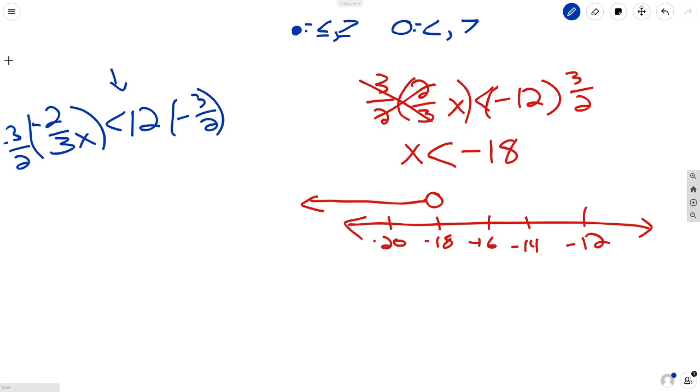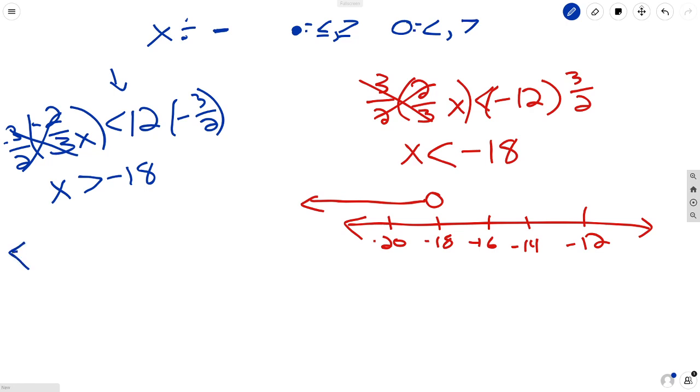So these are going to cancel. x is going to be x. But whenever you multiply or divide by a negative number, you flip the sign. So instead of x is less than, x is going to be greater than negative 18. Alright? We flipped the sign because we multiplied or divided by a negative number.